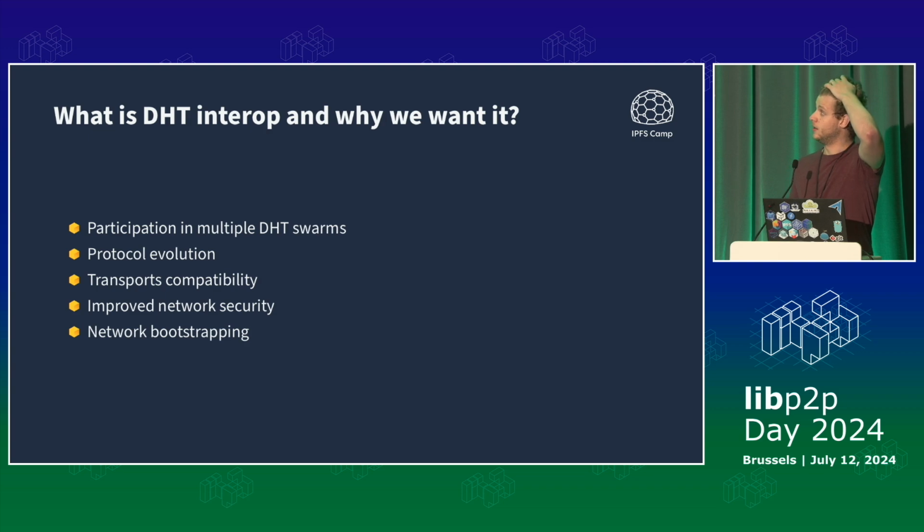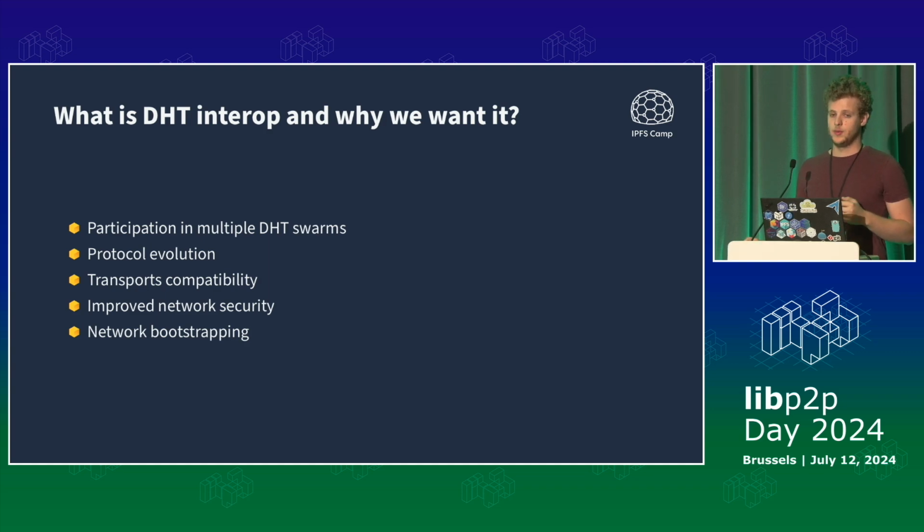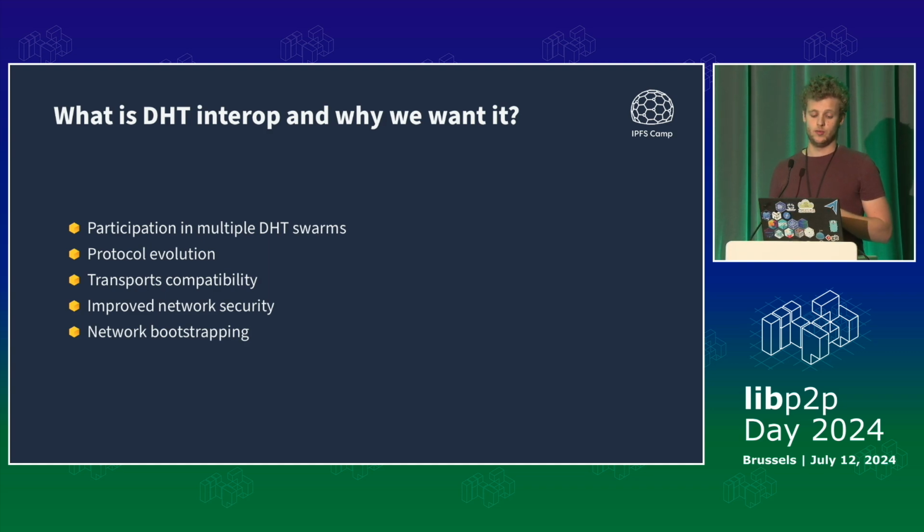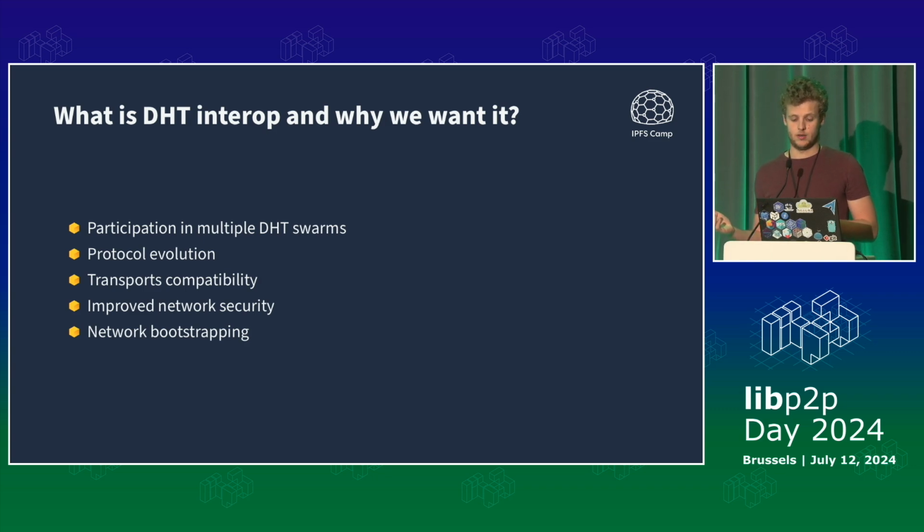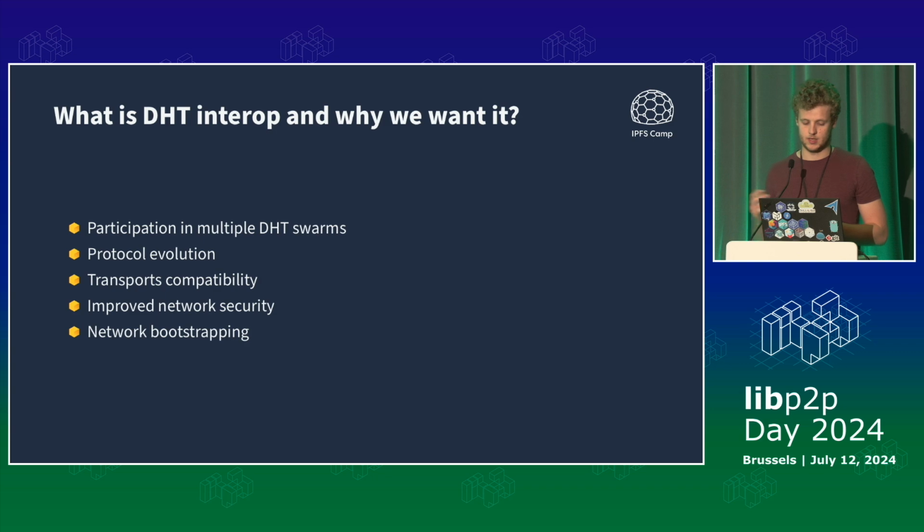Now, let's get back to interop. What is it? We're going to try to define it and also define why we want it. We want interop in order to allow participation in multiple swarms. We're going to see an example later.